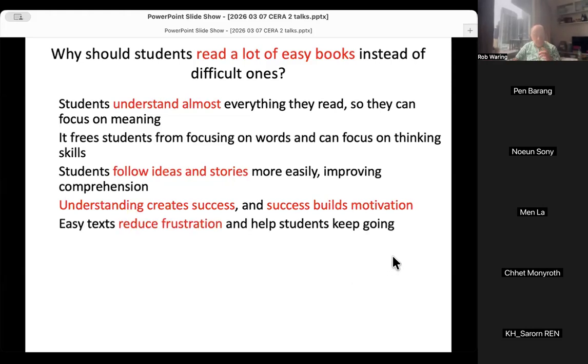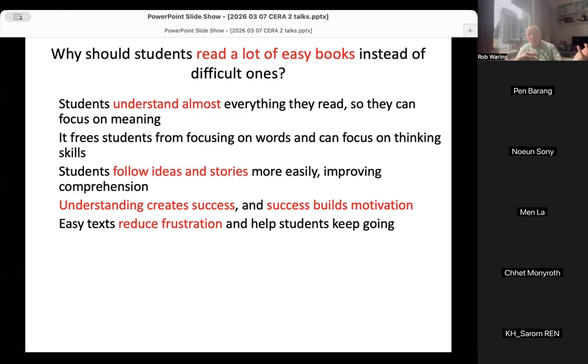The other reason is that easy texts reduce frustration. Many students give up on English because everything they read is difficult, and so they feel they're not making progress. They may do something in their course book today, and then next week they've forgotten it, or most of it, right?